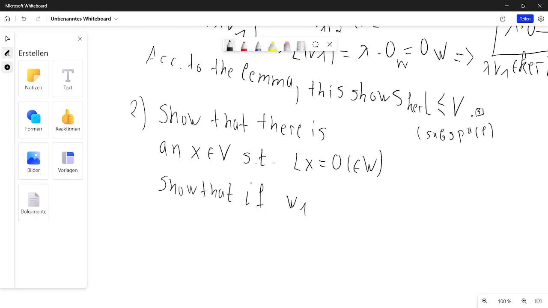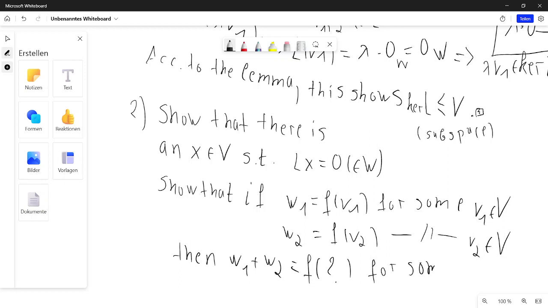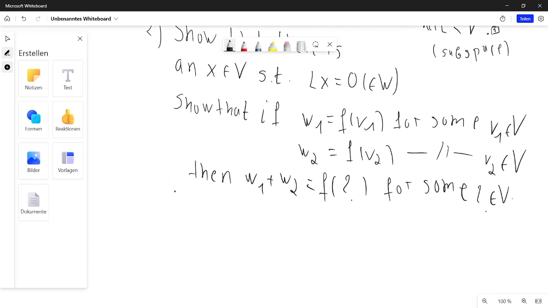Show that if W1 is equal to f of V1 for some V1 in V, and W2 is equal to f of V2 for some V2 in V, then W1 plus W2 is equal to f of some element in V. And show that it is closed under scalar multiplication.